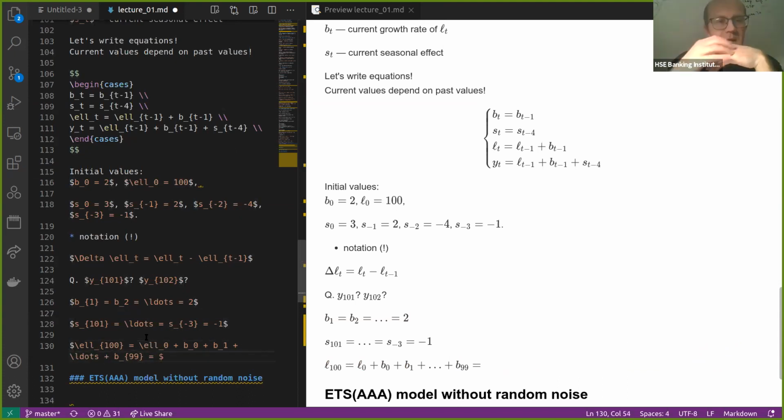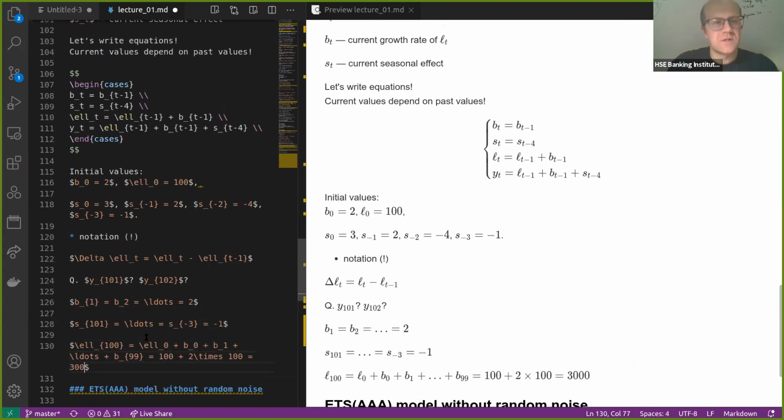That means I have 100 plus 2 times 100 steps, so I have 300, I think. Any questions about L100?